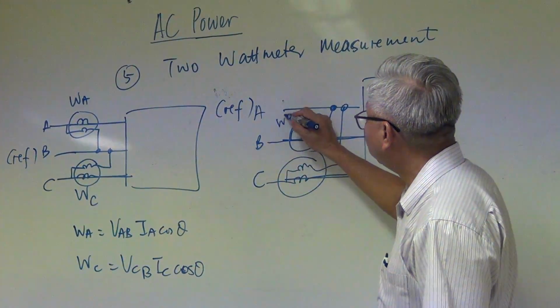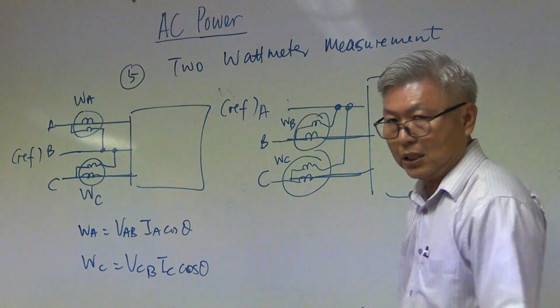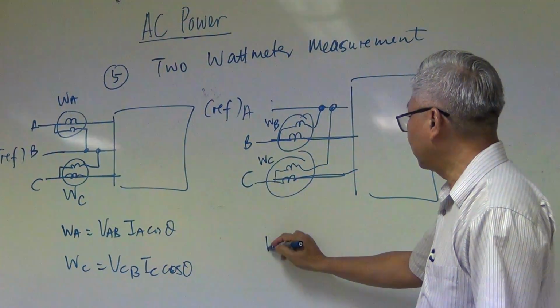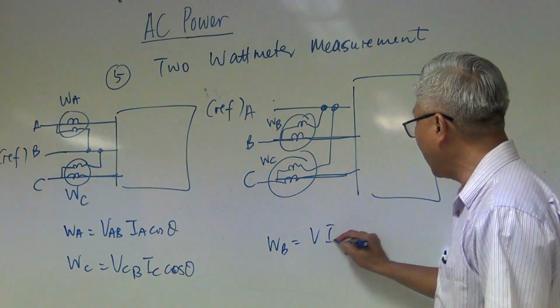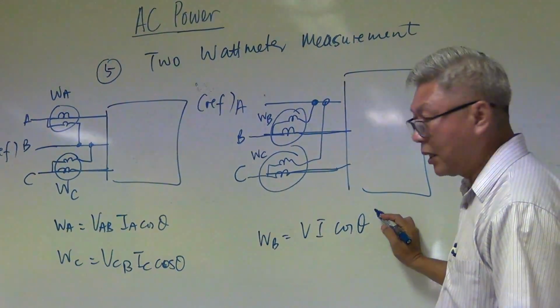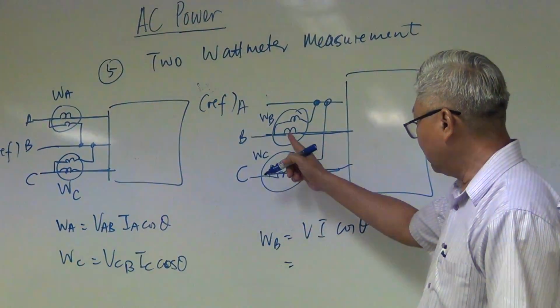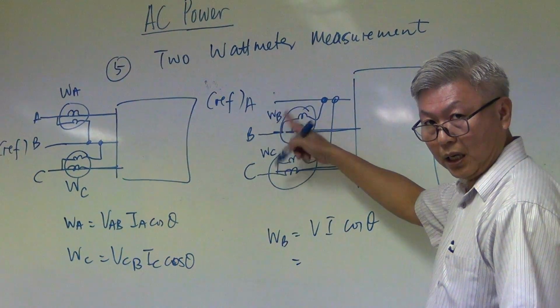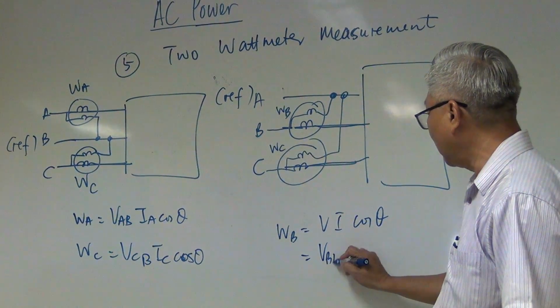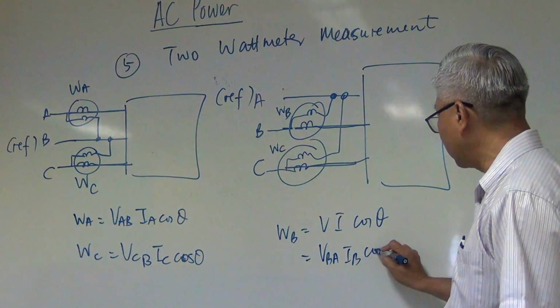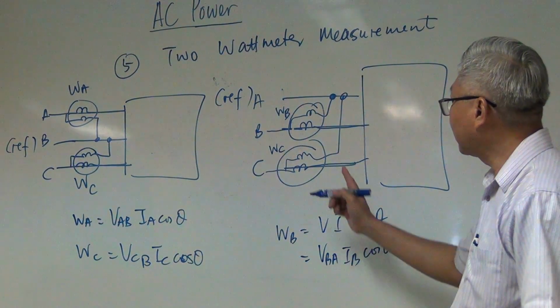So this is WB and this is WC. What is WB? VI cosine theta. So what is it? VBA, A is the reference, so VBA IB cosine theta. How about WC?